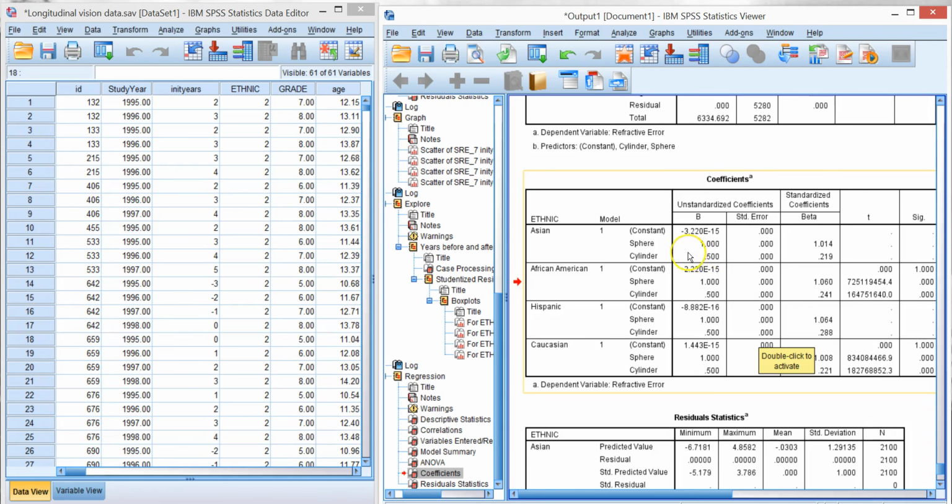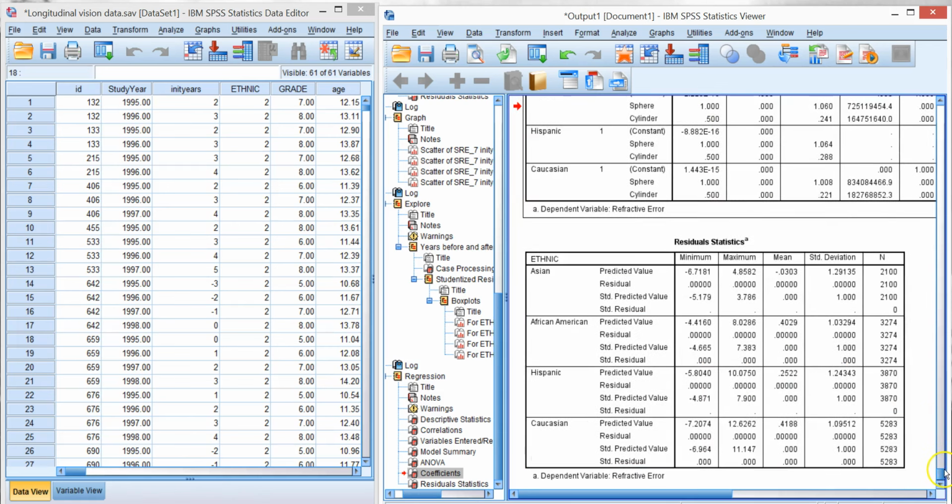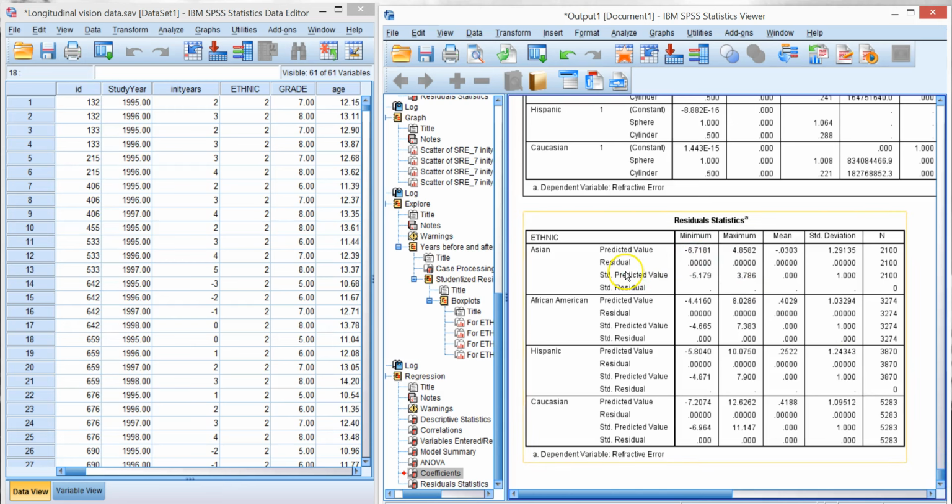So you can see that multiple regression is actually just a reflection of the algebra in the computing of the spherical equivalence. There's no residuals. You've accounted for 100% of the variance. The minimum residual is 0. The maximum residual is 0. The mean is 0.